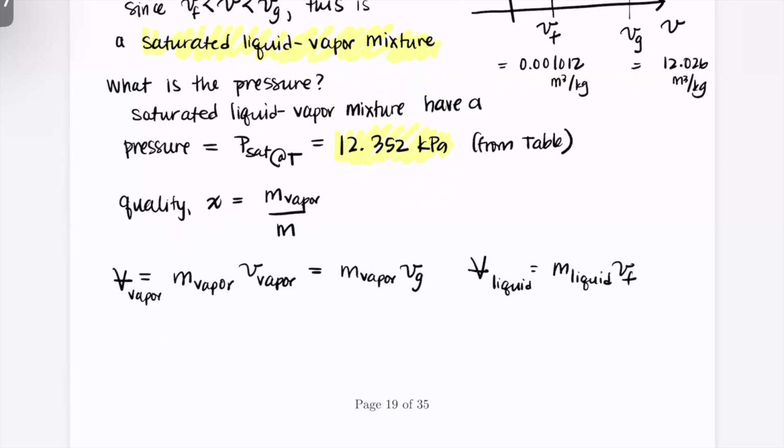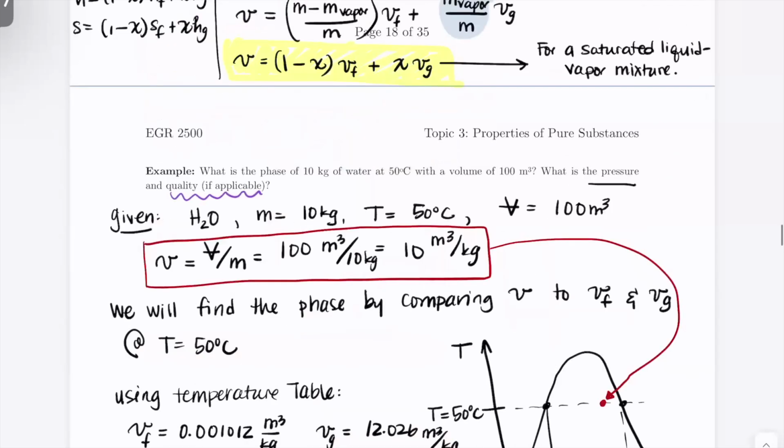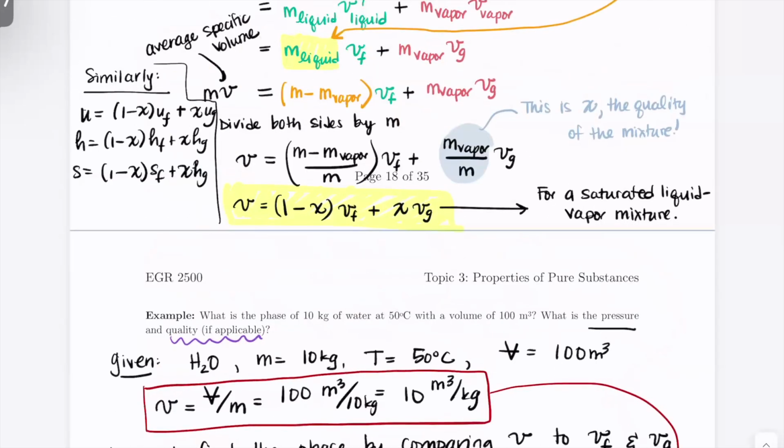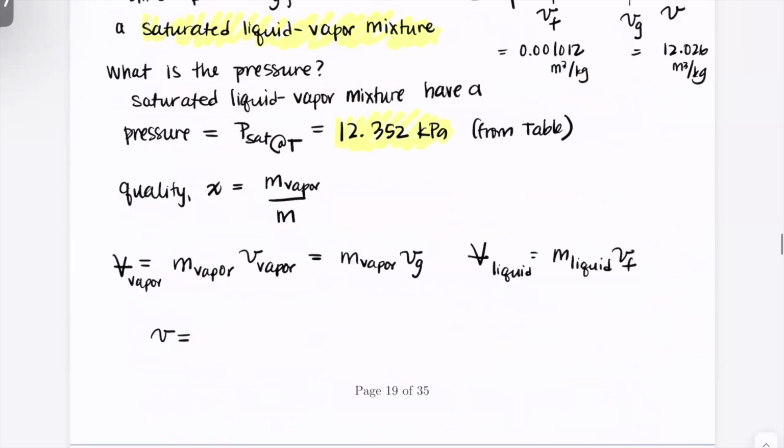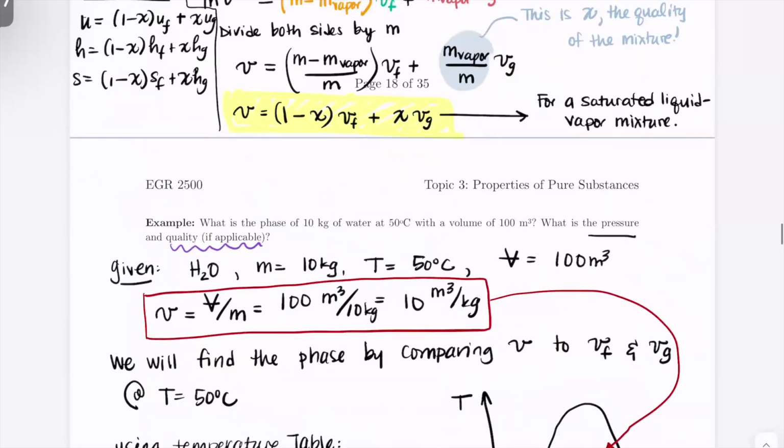We used this before to find this expression. So our specific volume of our mixture is the specific volume of our fluid plus, actually, let me do the algebra for you. I won't skip a step. I'm going to use this equation right here in the yellow box. So I have (1 minus X) Vf plus X Vg, right?